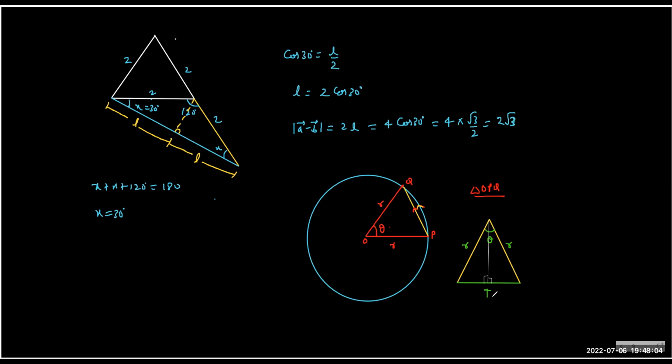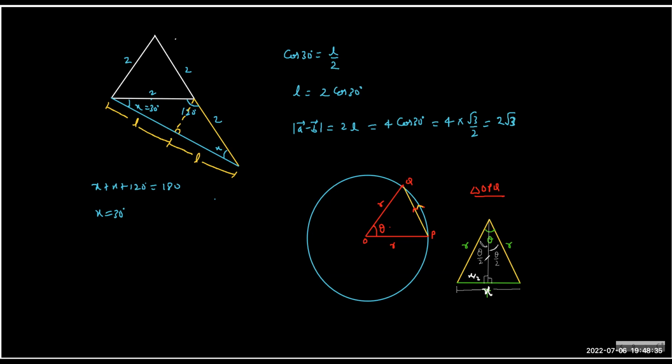Can you do it this way? Now, once you drop a perpendicular, the angle will divide equally. What will be the value now? Theta by 2, correct? And if I call this entire length x, let me call this entire length as x, so half will be x by 2.